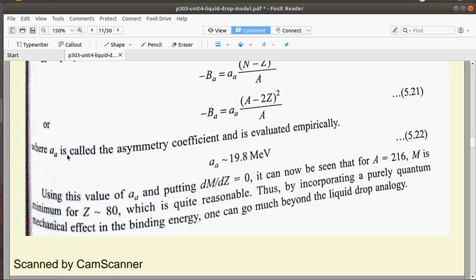And AA is called the asymmetry coefficient, and empirically its value is 19.8 MeV.